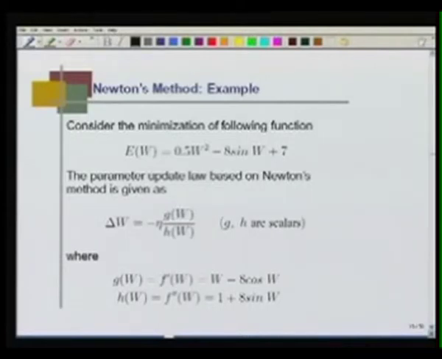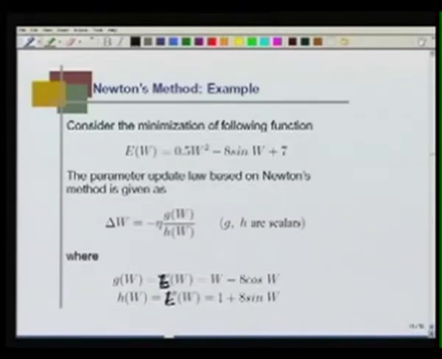And the weight update law is delta w equals minus eta H inverse G. H here is a scalar, so it is simply its inverse times G, that is our algorithm, where G w is E dash w, and H is E double dash.